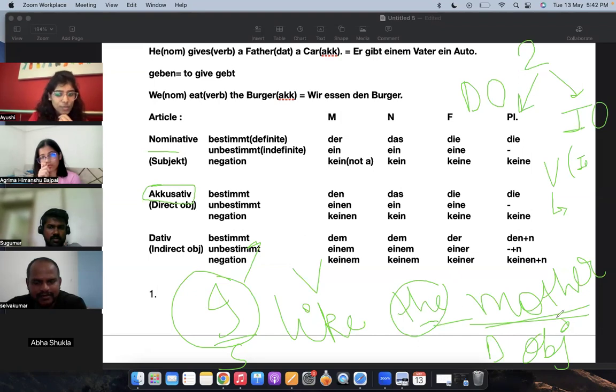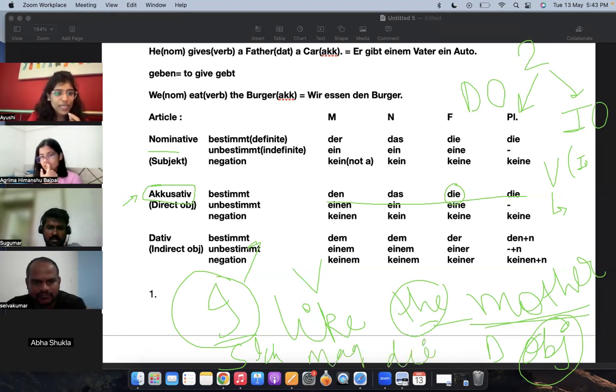Exactly. Mother is an object here, so she is my direct object. If it's a direct object, then we will pick it from this row. Mother is feminine, so it will be die. Exactly. So I is ich, like is mich. So ich mag die Mutter.